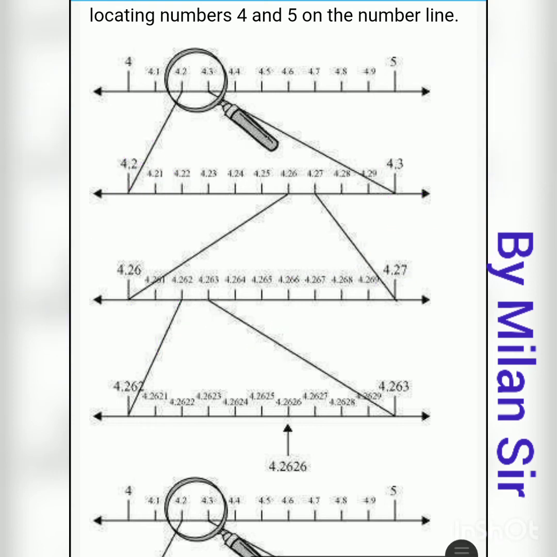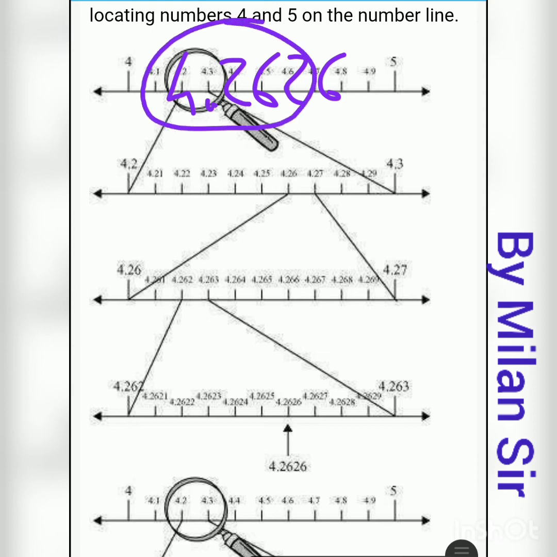Now again look back to our original number, 4.2626. Now we need to move forward. Here we have 4.262, so 4.262 something.